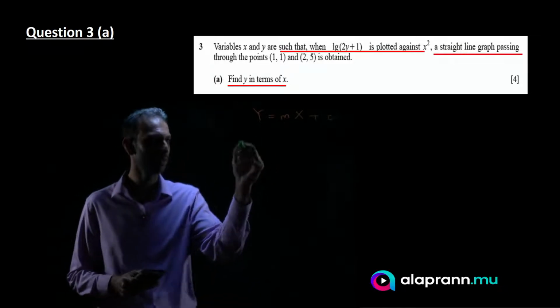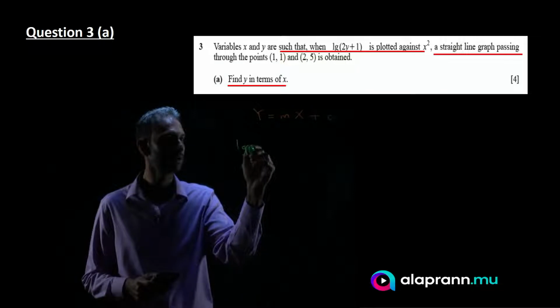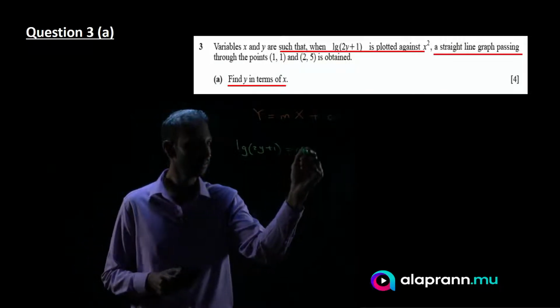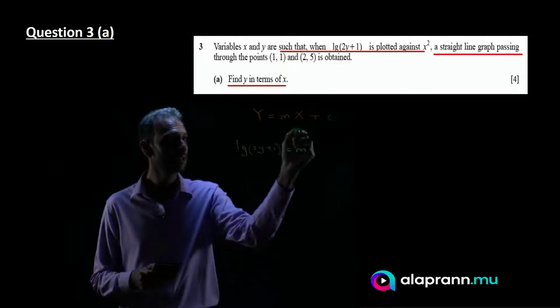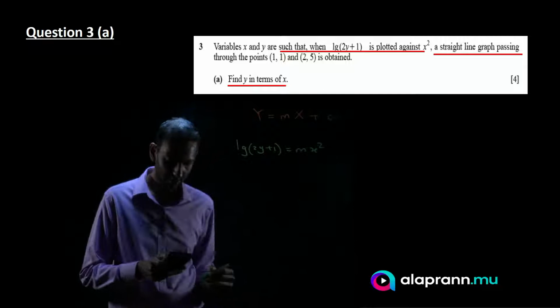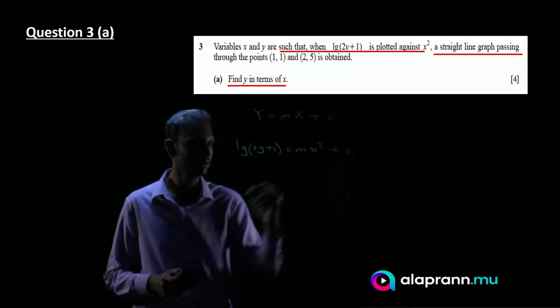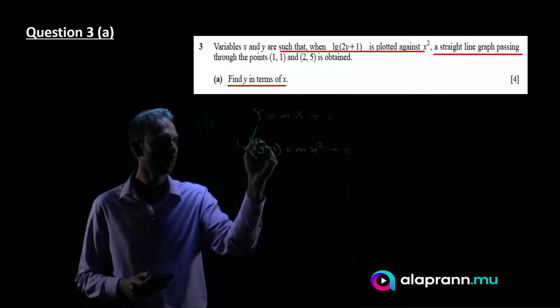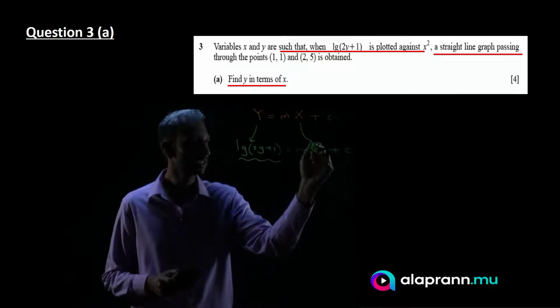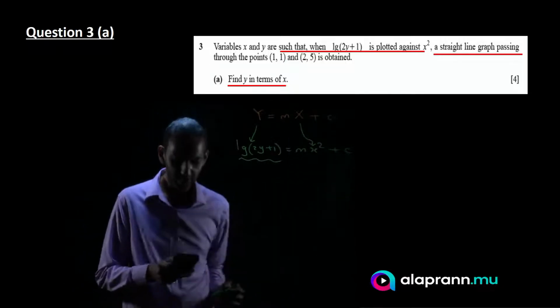So I can rewrite the equation as log of 2y plus 1 is equal to m, the x is represented by x squared as specified in the question, and then plus c, which is the y-intercept. So basically the y represents log of 2y plus 1, the x represents x squared, and c is the y-intercept.